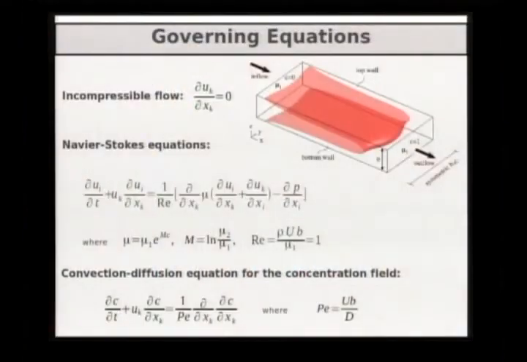We basically take concentration 0.5 as the interface between the two fluids. It's governed by this convection-diffusion equation that gives us a total of 3 main governing parameters: a viscosity ratio, the Reynolds number, written in terms of the gap width and the inflow Poiseuille velocity, and a Peclet number.